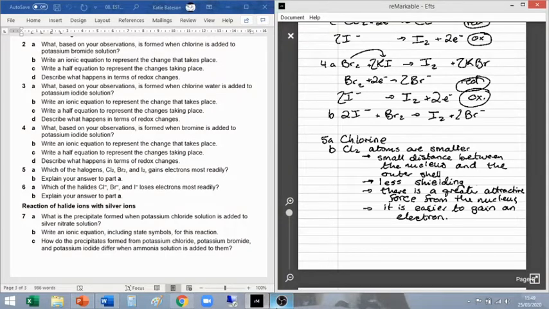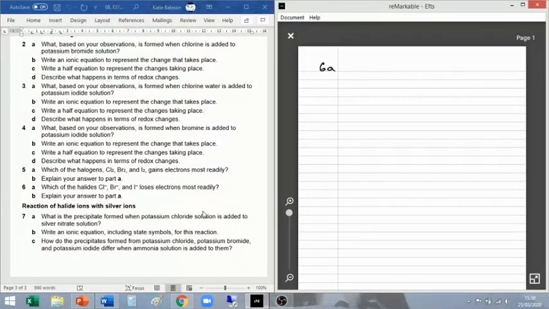Okay, so part 6. So which of the halides, chloride, bromide and iodide, please bear in mind there that they are in the ionic form, not in the elemental form, which of these halides loses electrons more easily? Well, it's going to be a similar justification to what we had for part 5, but the other way around.